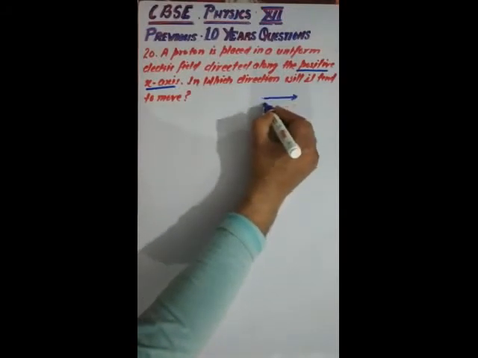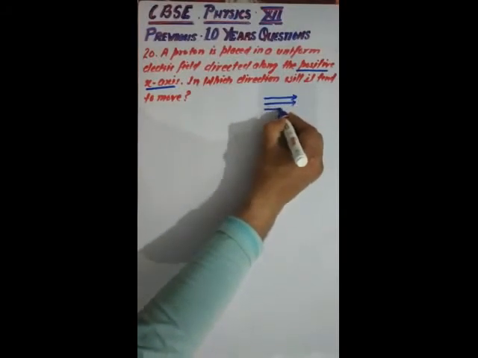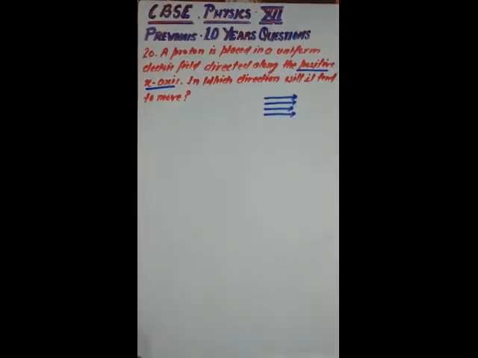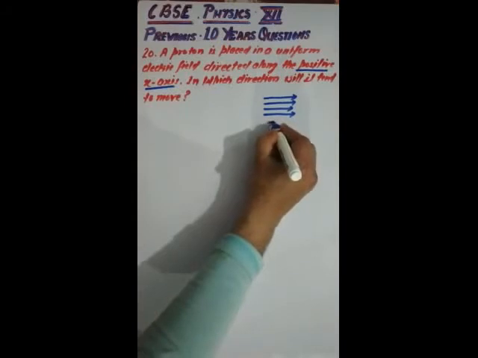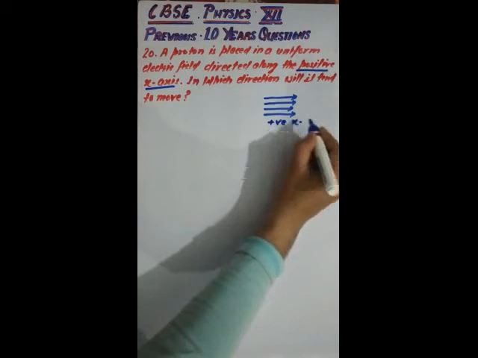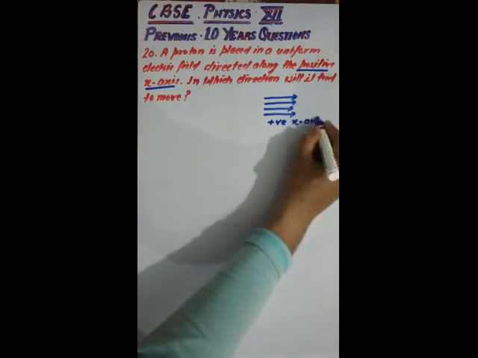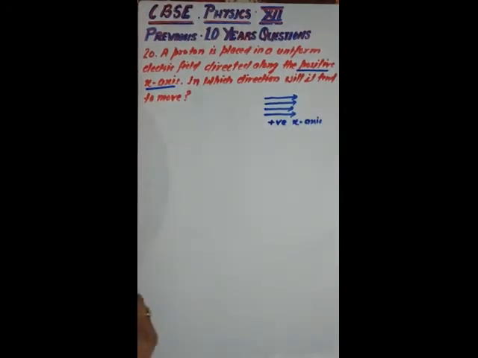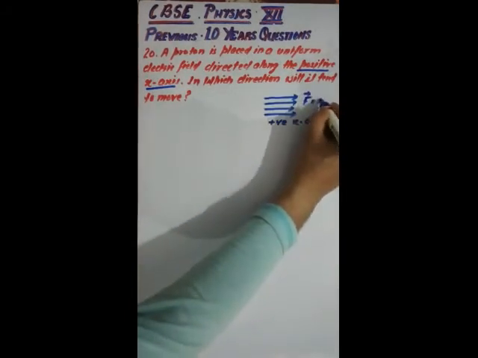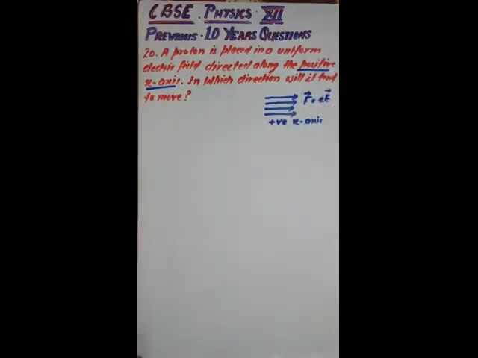Suppose there is an electric field directed in the positive x-axis. We all know that force F vector equals qE, where q is the charge on the proton.